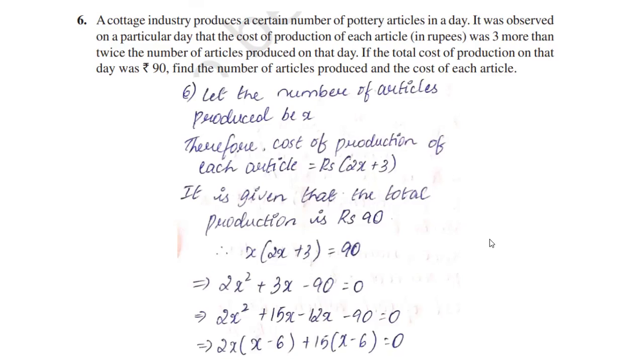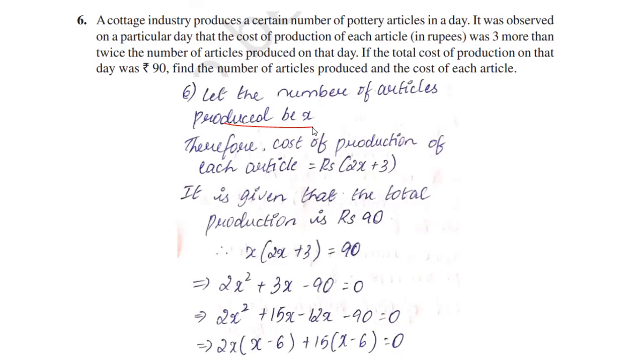If the total cost of production on the day was rupees 90, find the number of articles produced and the cost of each article.